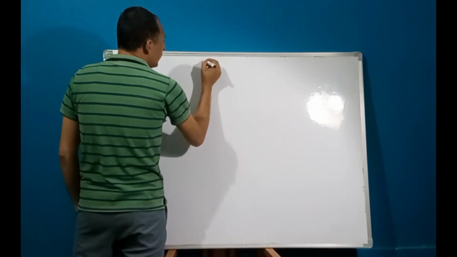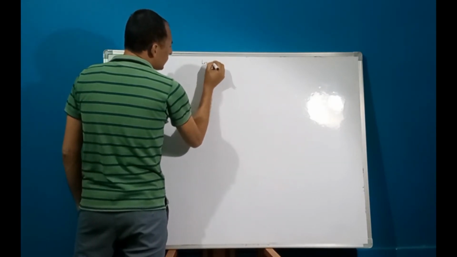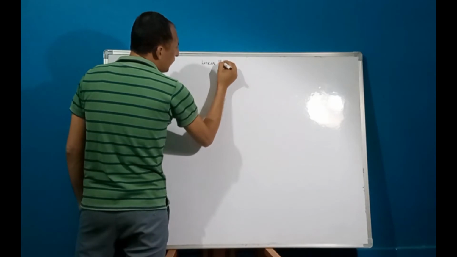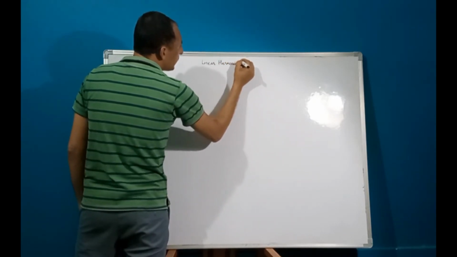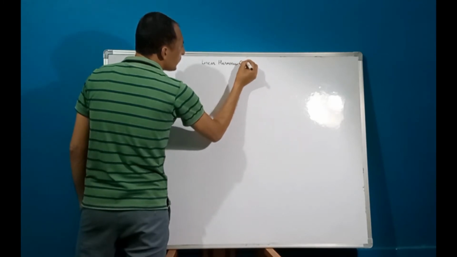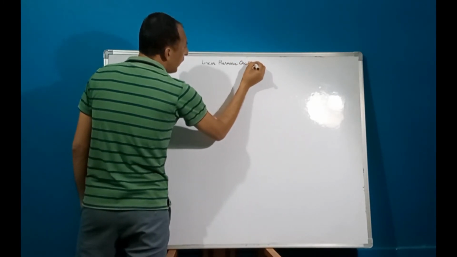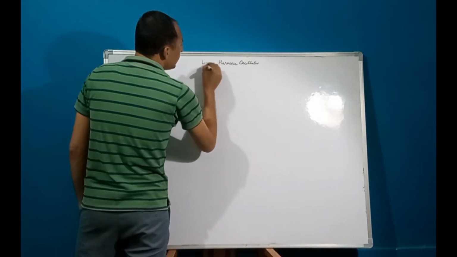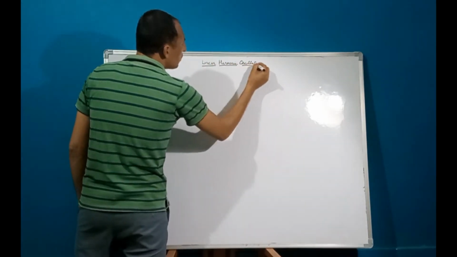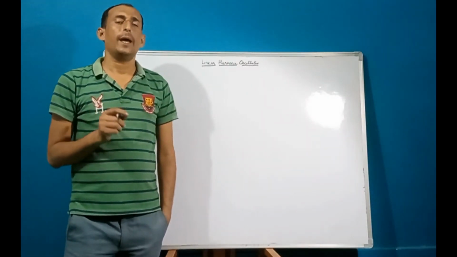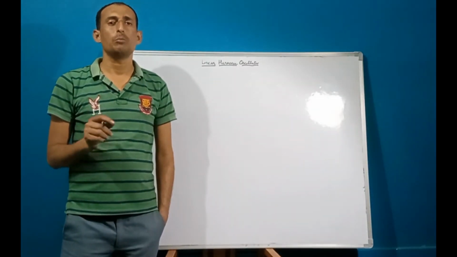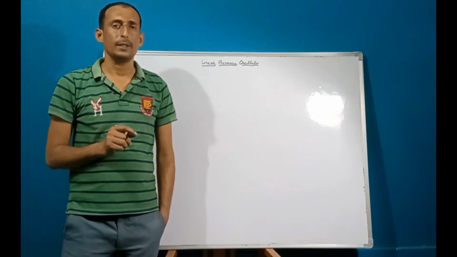Hello guys, today I am going to discuss linear harmonic oscillator. As you all know that a linear harmonic oscillator means a point or an object which exhibits simple harmonic motion along a straight line.